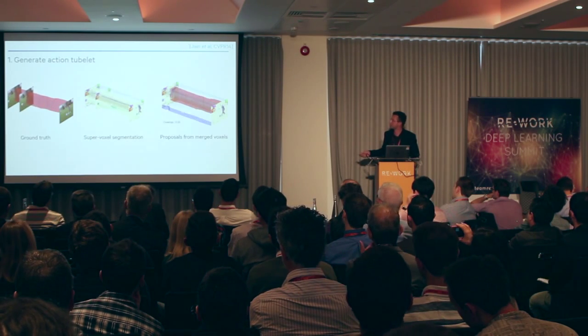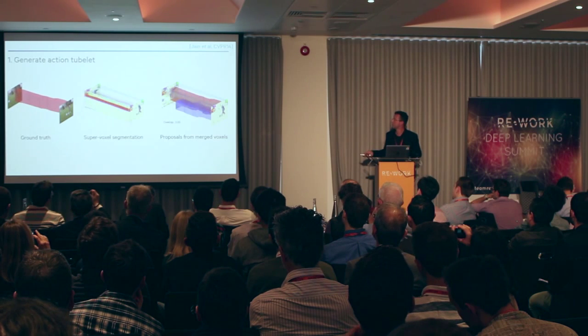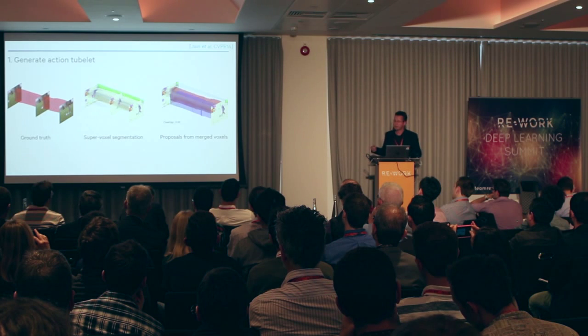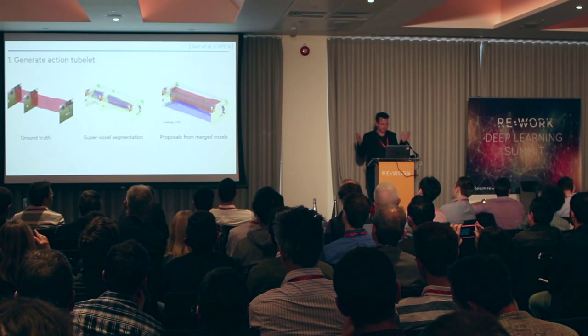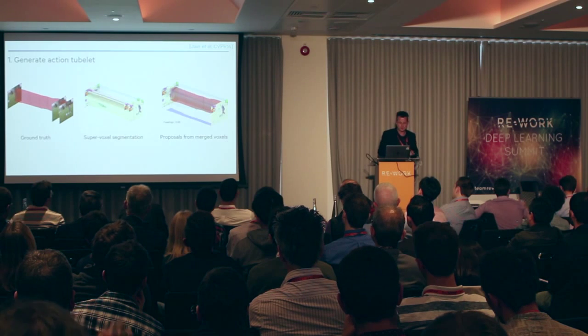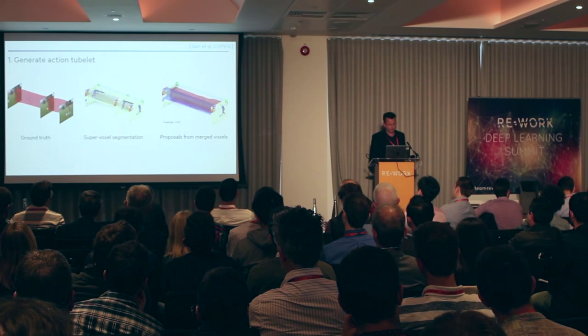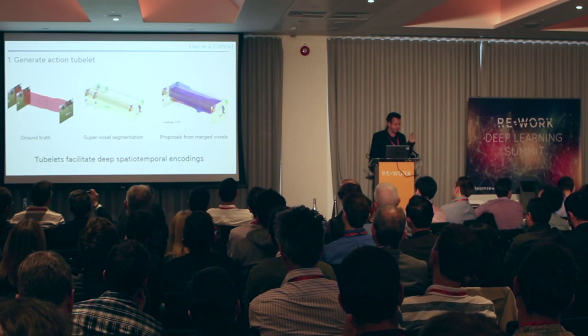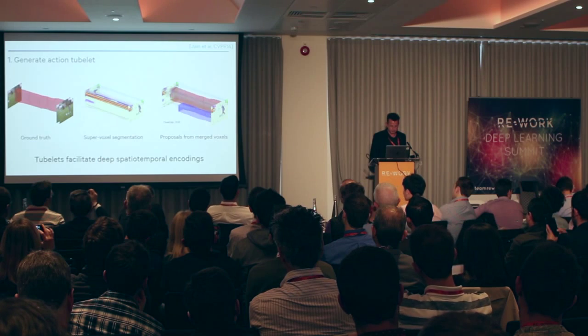Each of those blue things is a tube proposal that we propose. And you see the overlap, sometimes very bad, sometimes quite good. By doing so, you reduce the search space of possible tubes in the video enormously. And you can encode them with deep learning. So rather than encoding the entire video, now you can encode tubes in the video.